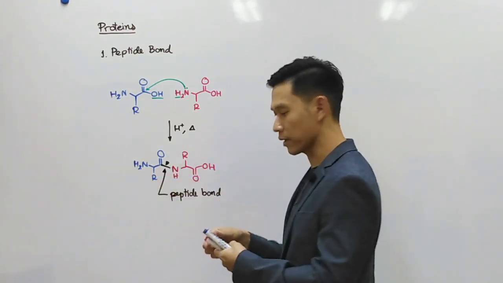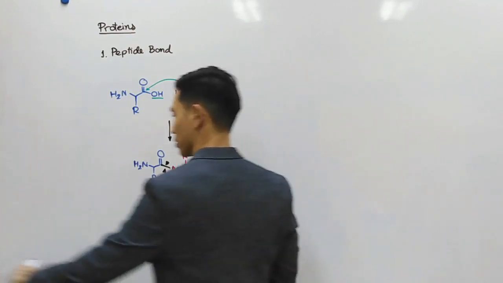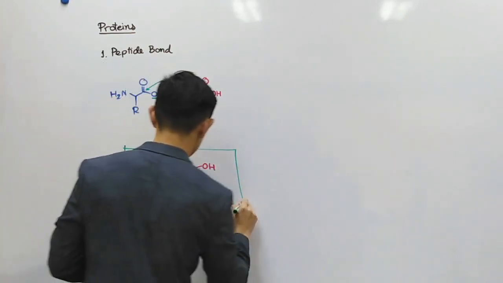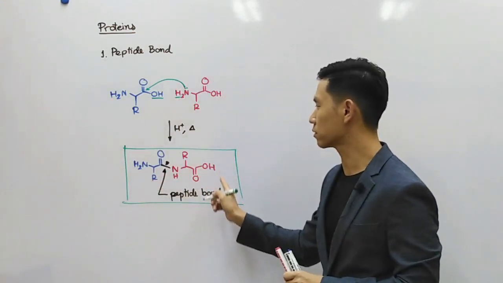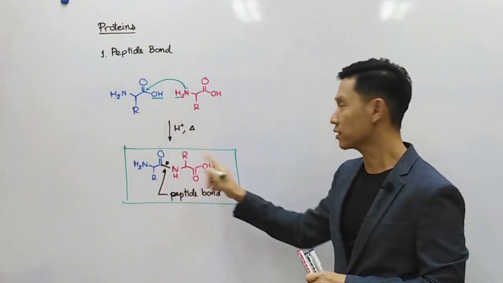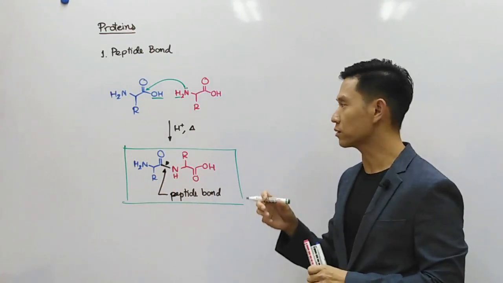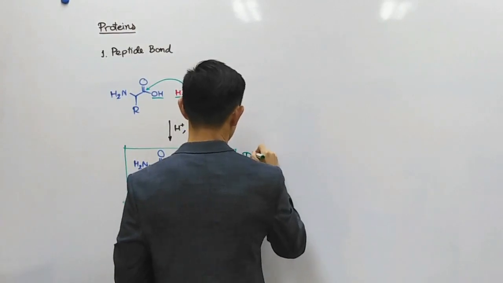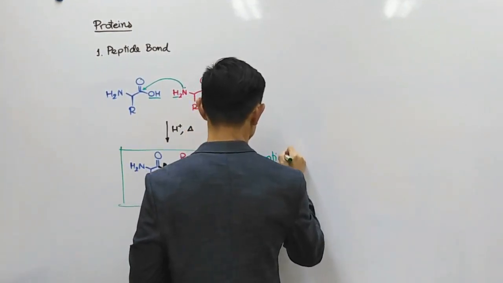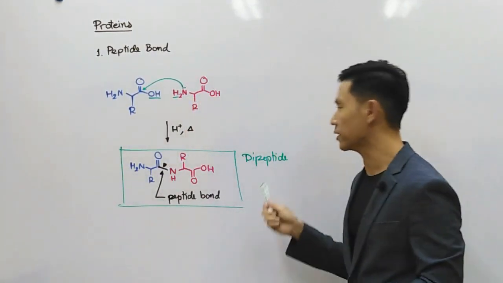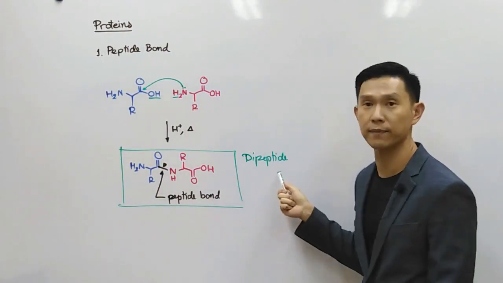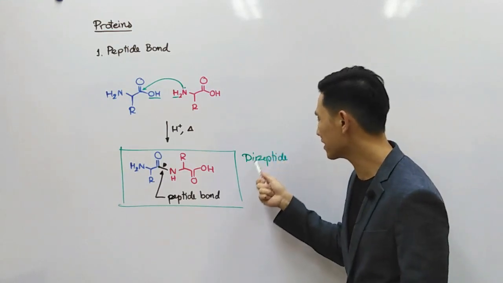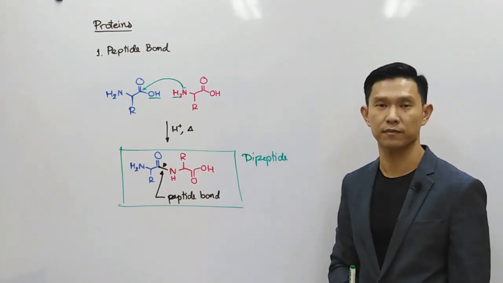Here, this is the dimer of two monomers connected together. The dimer of the peptide compound is called a dipeptide. Dipeptide does not mean that you have 2 peptide bonds in one molecule, but that it is the dimer of the peptide compound.